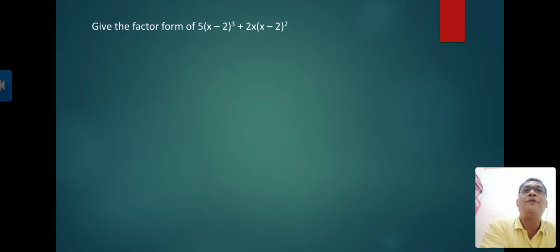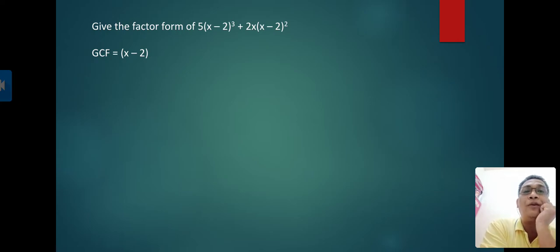Give the factored form of 5(x - 2)^3 + 2x(x - 2)^2. Here we have a common factor, x - 2.